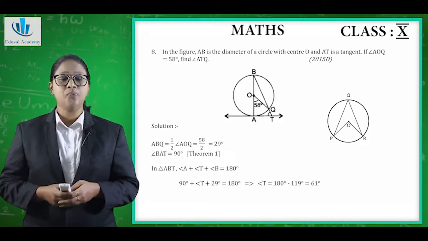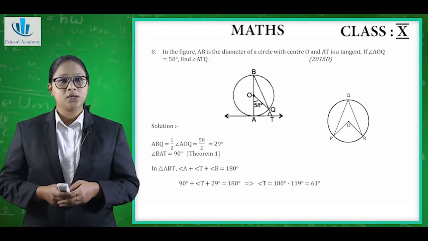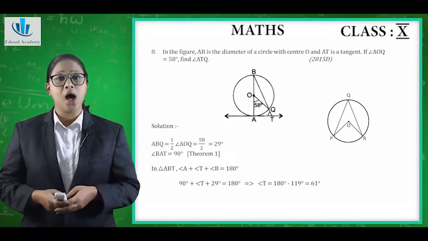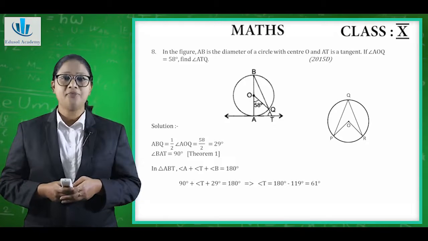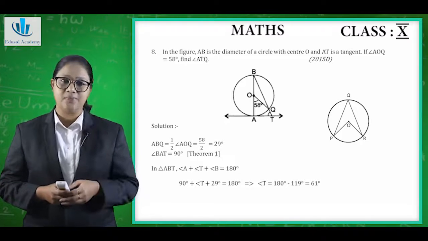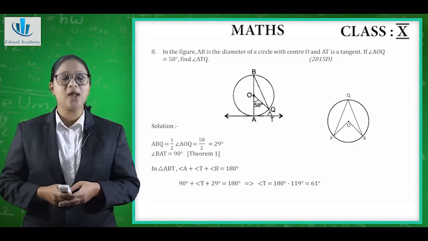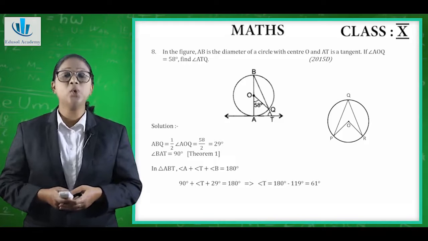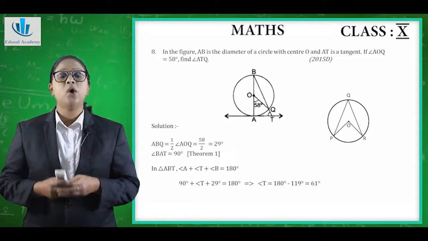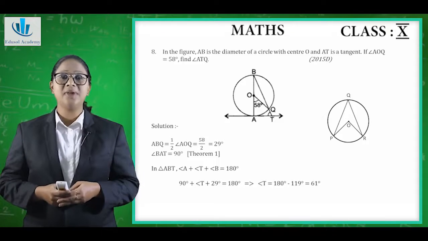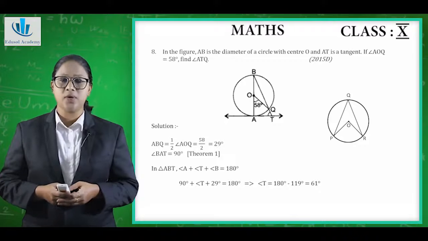According to the theorem, angle PQR will be half of the angle subtended at the center. That is, angle PQR will be 1/2 into angle POR. That is the idea that we will be applying in solving this question.